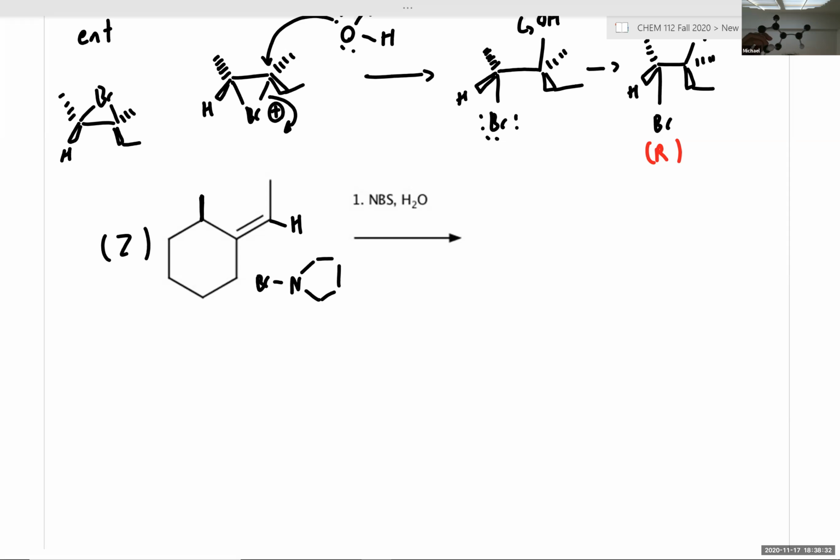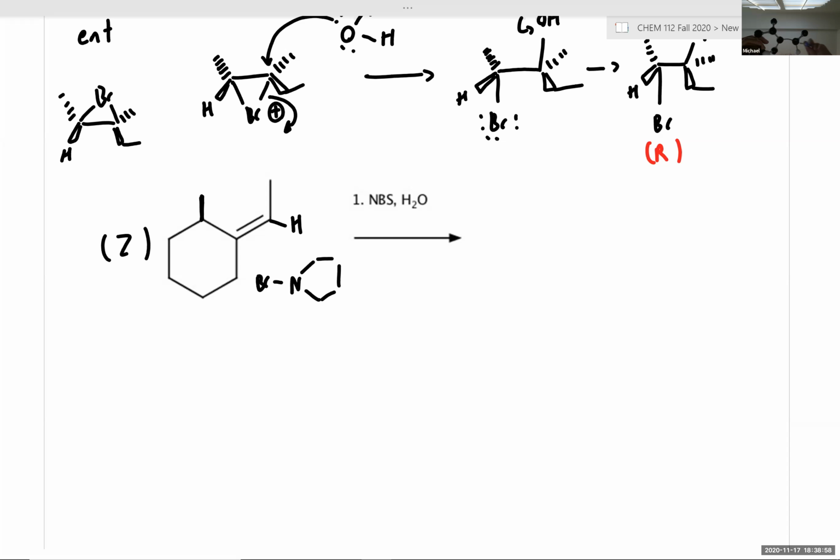Is there any preference for which face we attack from? In this case, there's not a lot of bias in terms of which face is preferred.